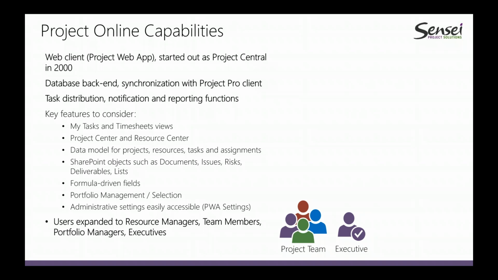And it really is a web server database backend that handles synchronization with the Project Pro client. So you can check out a project from the server, you can publish a project to the server, get that data back and forth. And so it really is a platform for distributing tasks, notifying your teams, and managing your reporting functions.